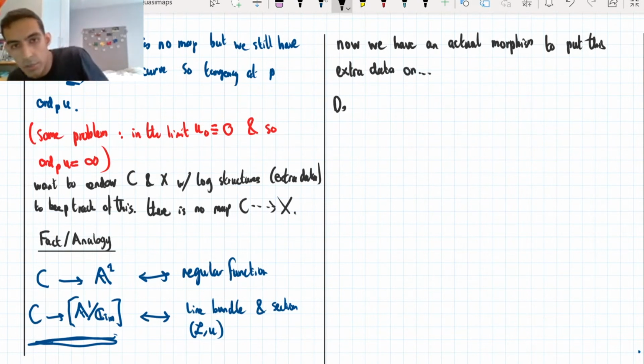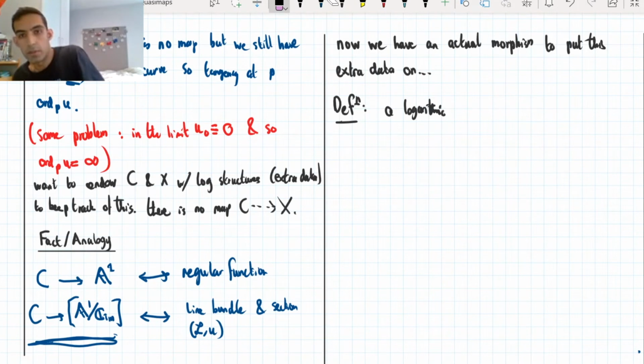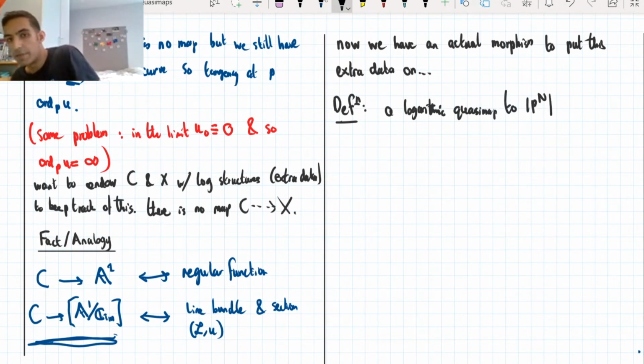Okay, and so what I'd like to propose is that a kind of logarithmic or relative, these are synonyms, Quasimap, I'll just say to Pn relative, and the divisor is just the first coordinate vanishing.